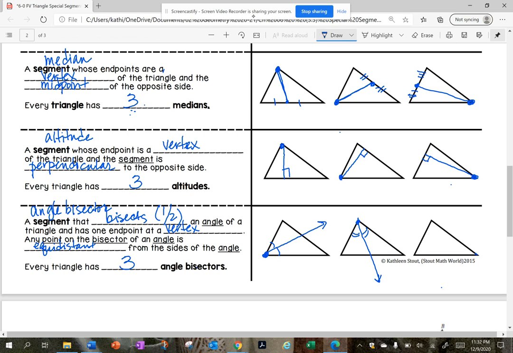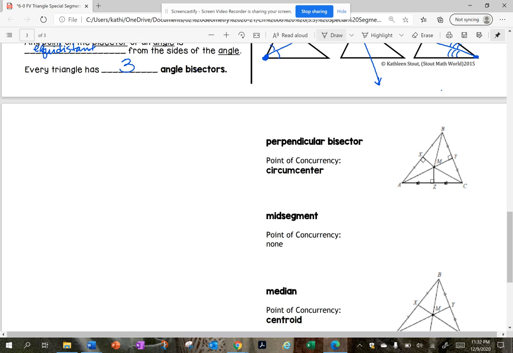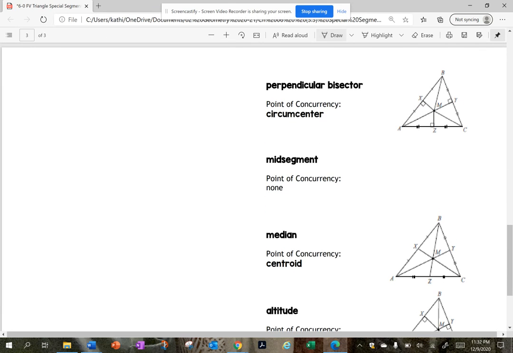I'm going to bisect this angle, cutting it into two congruent parts. I'm going to bisect this angle, cutting it into two congruent parts. Okay, so I drew all of these separately, but if I draw them all in one triangle, I have a lot more going on.